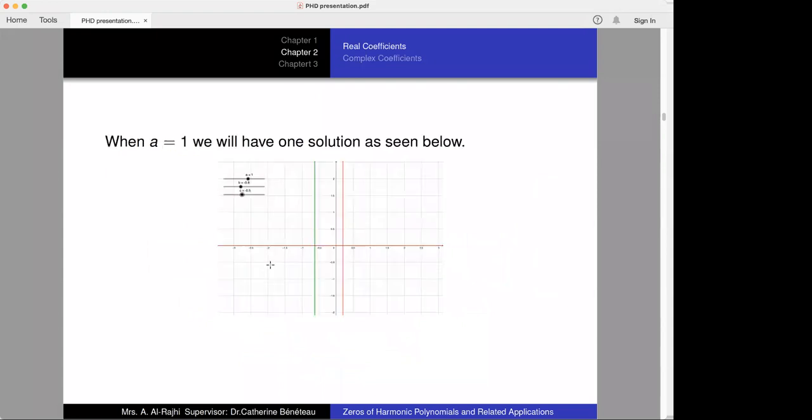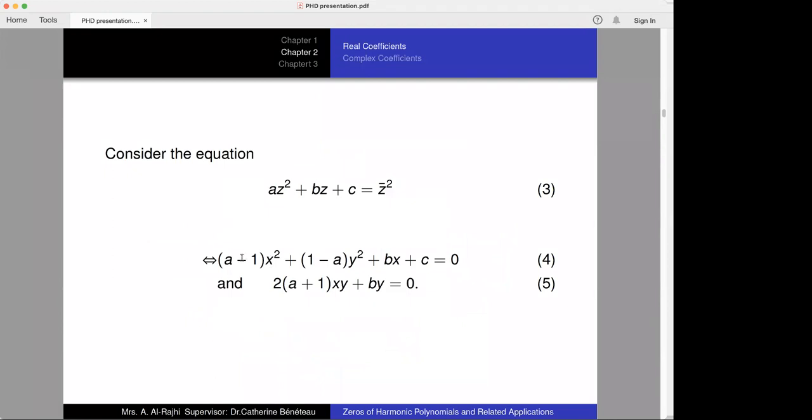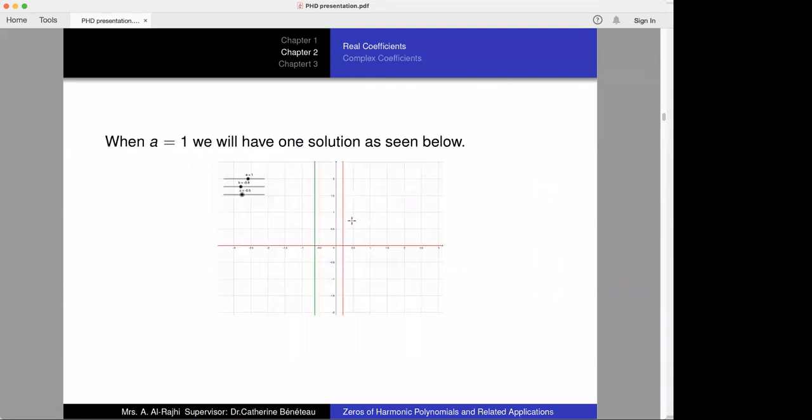Notice that when a is equal to 1, we will have one solution. And when a is equal to -1, we will have either two solutions or no solution, as you will see in the following figures. Here, the green line represents the real part, while the red lines represent the imaginary part, and they intersect just in this point.